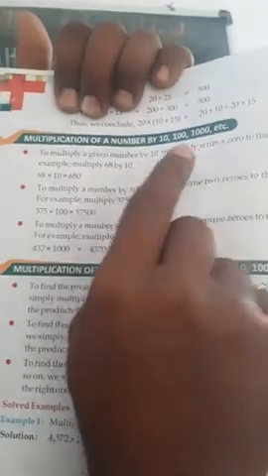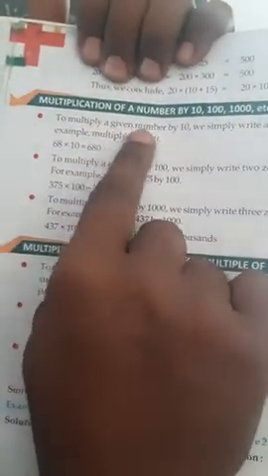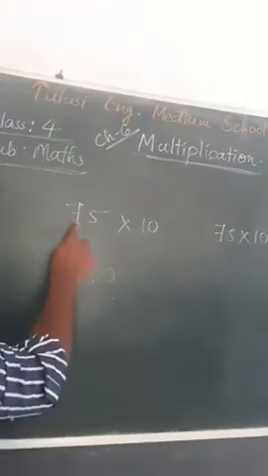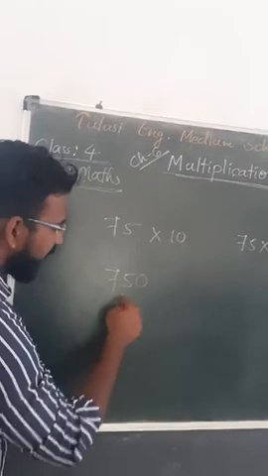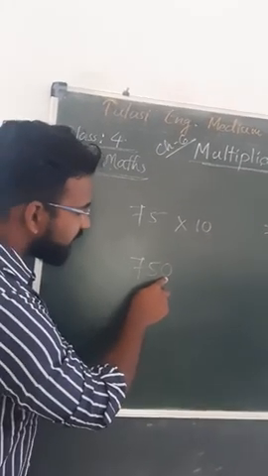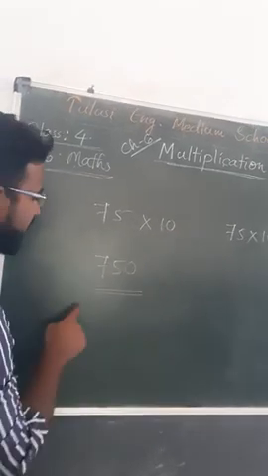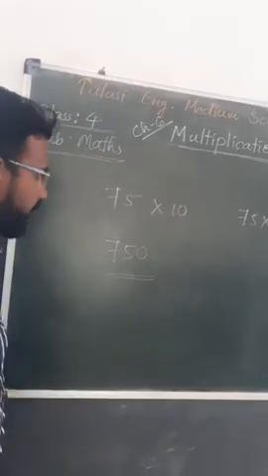To multiply a given number by 10, we simply write a 0 to the right of the number. See 75 as it is, we simply add a 0. So 75 into 10 is equal to 750.